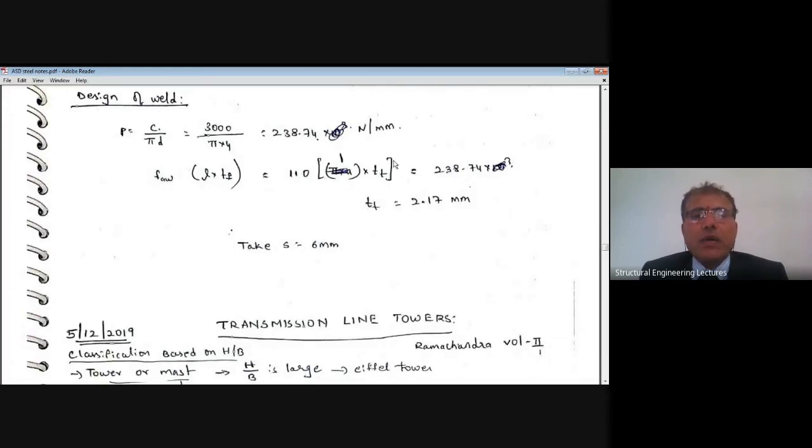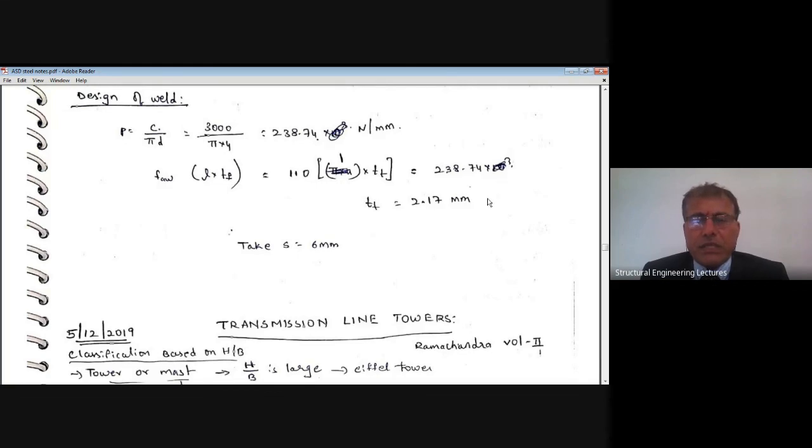Now the total load permitted on the weld per 1 unit length is equal to 110 multiplied by 1 unit length multiplied by TT, so many newtons. But what I can permit per 1 unit length is equal to 238.74. Equating both of these, I'll get effective throat thickness equal to 2.17 mm.